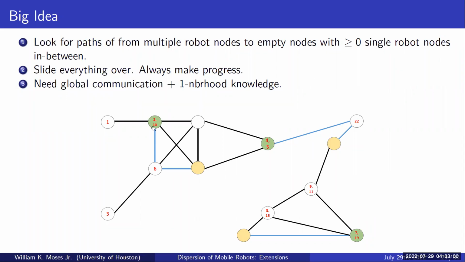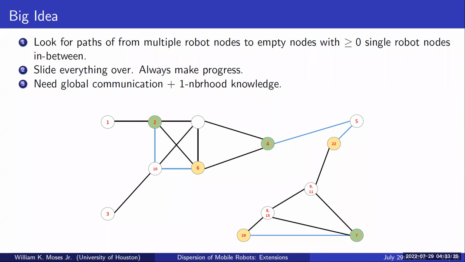So these guys can all communicate. That's why both powers are needed. Once you find these paths, just have the robots slide one over. So in other words, 10 goes down, 6 goes across, 5 goes here, 22 goes here, and you settle down. And in this way, you can slowly fill up these so-called holes in the graph, these empty nodes.